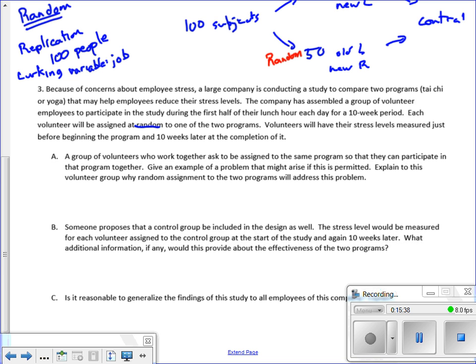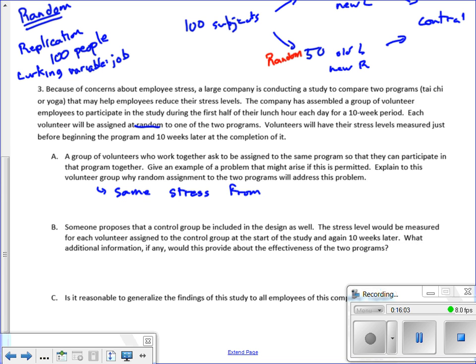So a potential problem with that, though, is if they're in the same work group, they could have the same work stress. So perhaps, an overbearing boss. So that group could be overly stressed, or that's kind of the negative side, but maybe they're really, really laid back because their job is maybe really easy within the company.